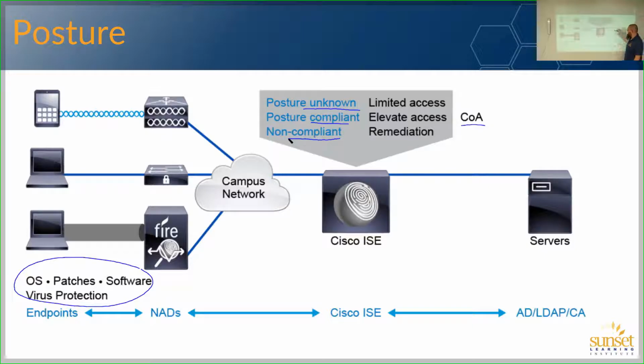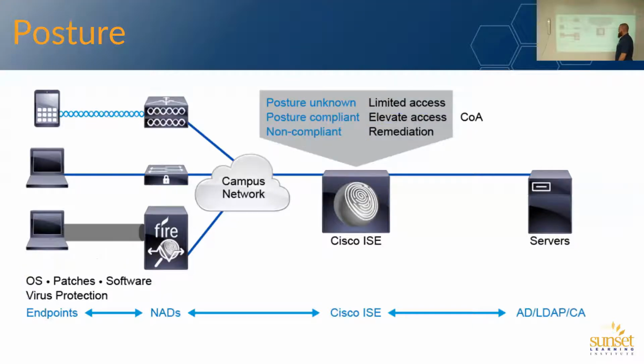So we put them in a remediation level of access, which actually might be the same as our limited access. In remediation, we give them access to a local server to download an update. They can run a script to fix the problems, but we give them something so that they can become compliant, right? Then we'll send a COA and open up their connection. All right. So that's what posture is doing. Good so far? We're assessing the current status of that client before it comes in.